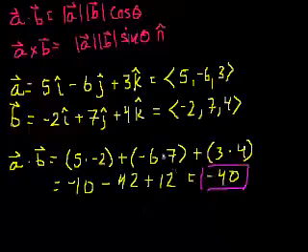And I'd actually be curious to graph this in some type of 3-dimensional grapher to see why it's minus 40. They must be kind of going in opposite directions, and their projections onto each other go in opposite directions, and that's why we get a minus number. For the purpose of this video, I don't want to get too much into the intuition. This is just how to calculate, but it's fairly straightforward.